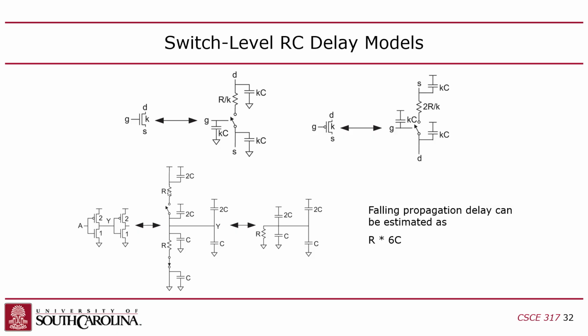PMOSs have to be twice as big as NMOSs to be balanced. Why is that? Because the transistors are named after the diffusion areas, right?